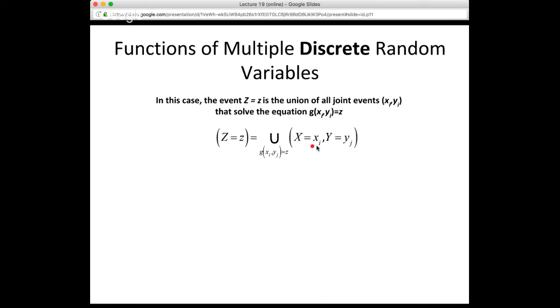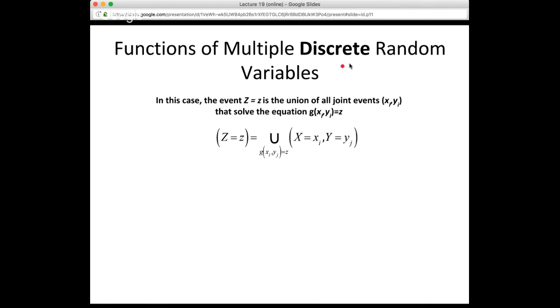So the joint events where the random variable x is equal to xi and the random variable y equals yj, when unioned across all combinations that give you g of xi, yj equal to z, will correspond to the event random variable z equal to little z.